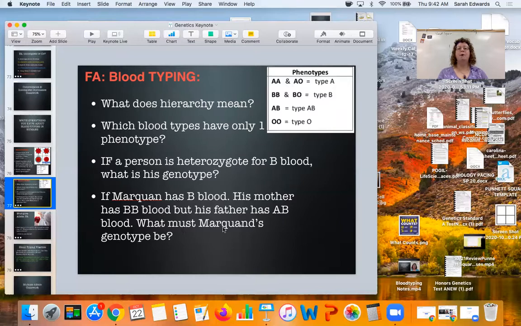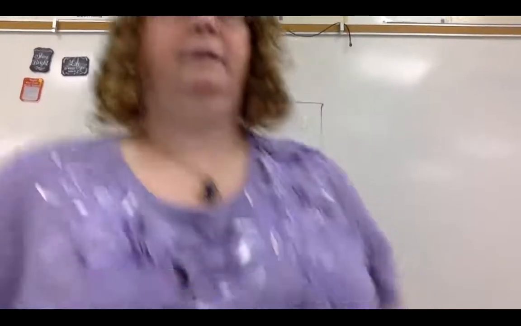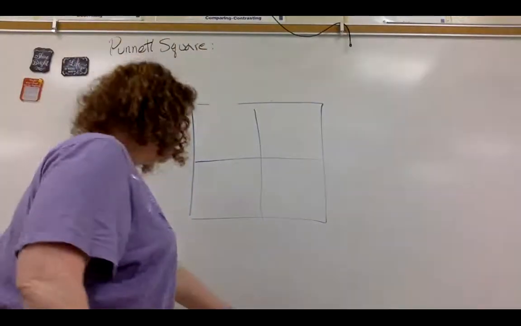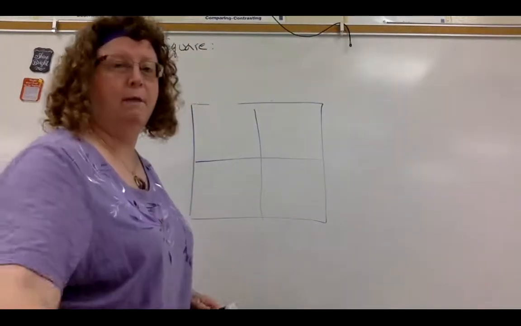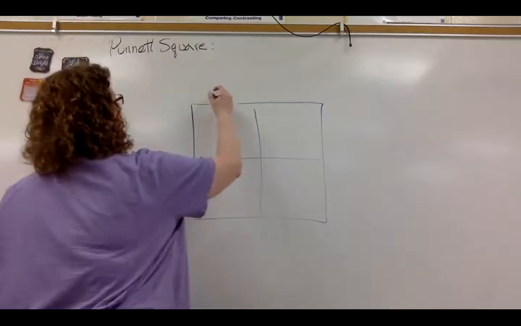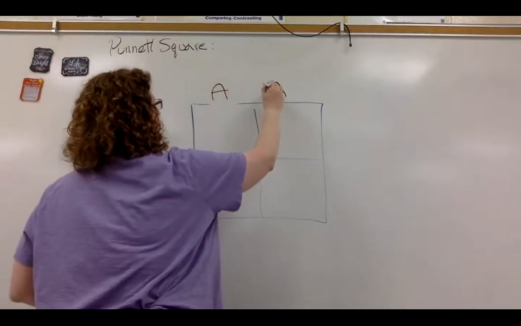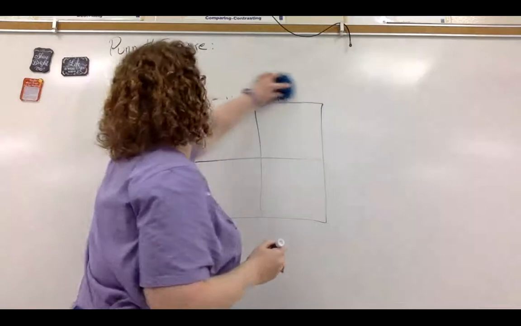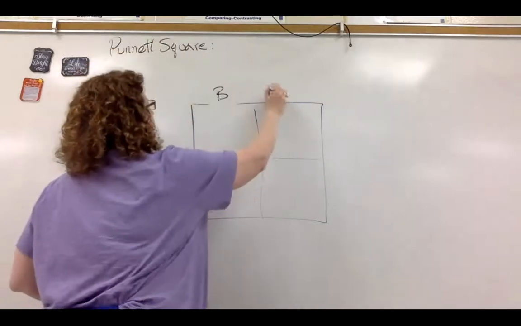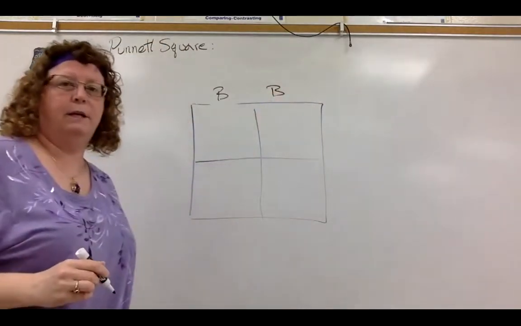So what must Marquand's blood type be? To do that, we're going to look at a Punnett square. So here we go. Marquand's mom is B blood.